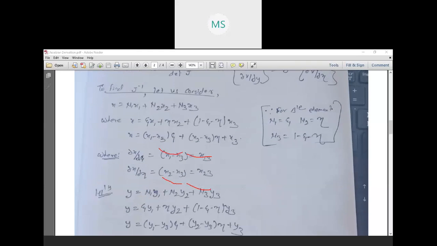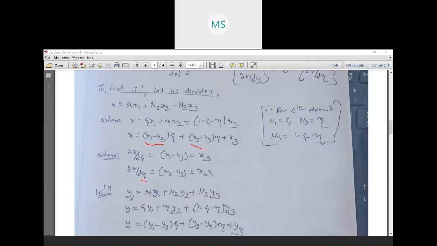Correct? You can see del x by del eta. So what is eta here? Only this is the eta, and this is the eta. Similarly, when we do it with zeta, this is your zeta. So what will finally come? Del x by del eta will be x1 minus x3, and with zeta, x2 minus x3.